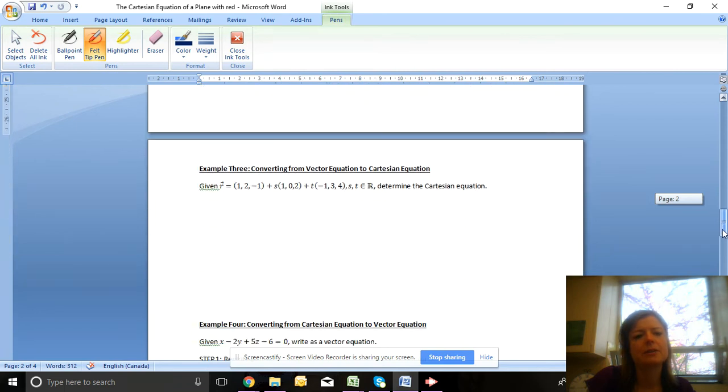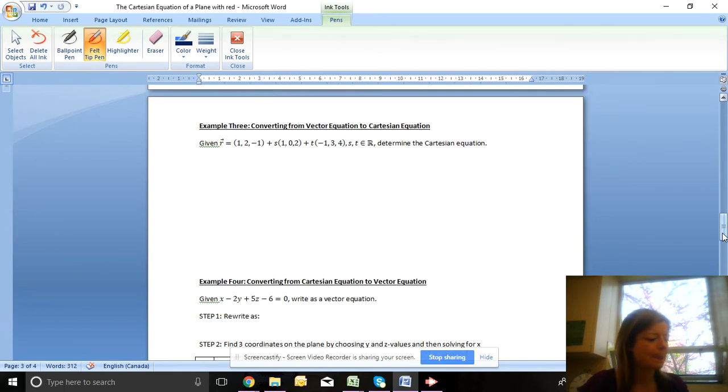Okay, now let's move on to example 3. Okay, so given this line, oh, sorry, not the line. This is the vector equation of a plane. So if you're given the vector equation, how can you determine the Cartesian equation? Well, you are given the two direction vectors.